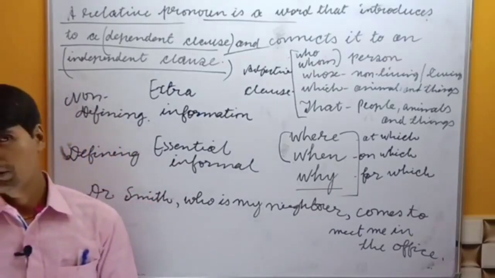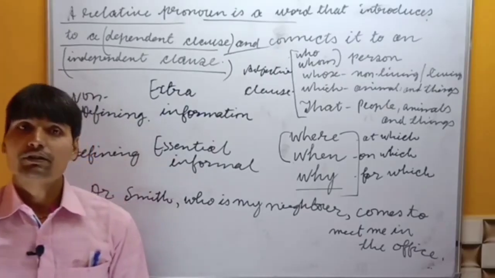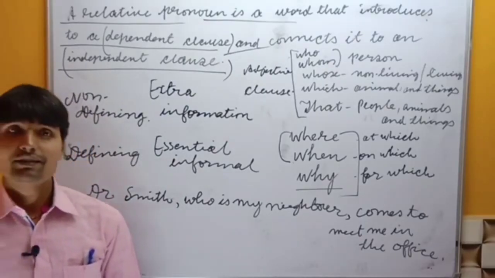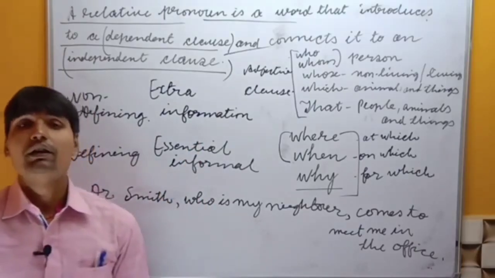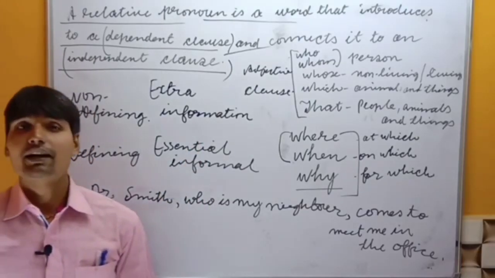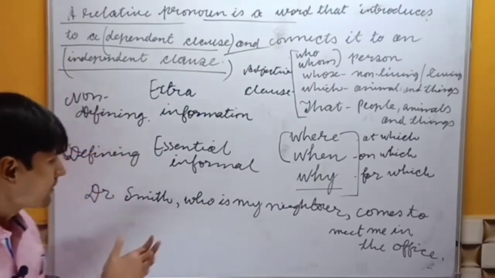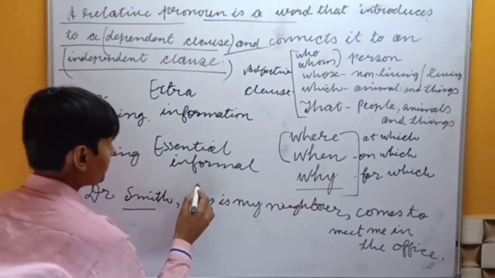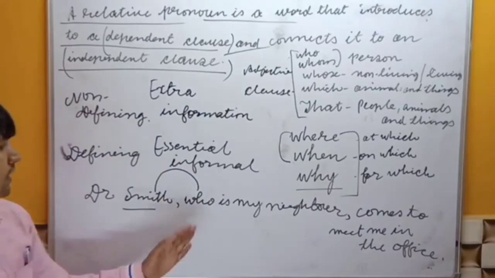The next thing you need to know is that a relative pronoun always looks back to its word. Because it is a relative pronoun, it is showing the relation. So this word is either a noun or a pronoun, and here a noun is mostly used. You can see here that Smith is the noun, and who is being used to show which Smith.